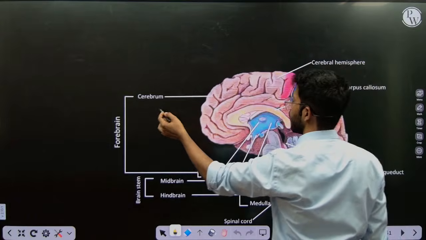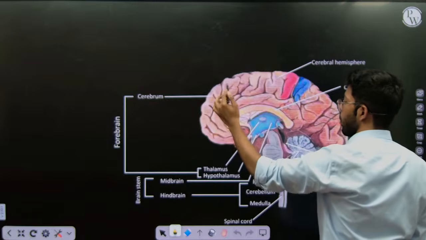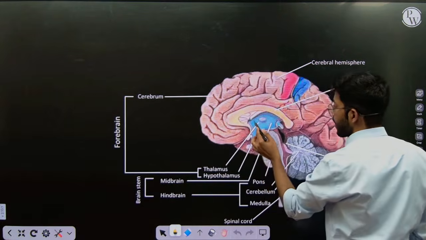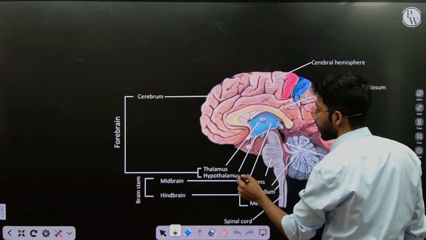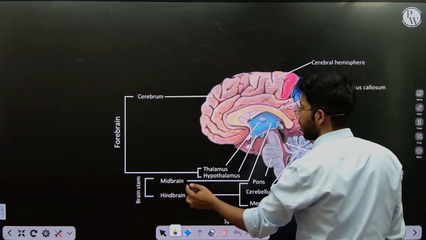Cerebrum is the major portion of this forebrain, and it also has the thalamus region, and this is the hypothalamus, the floor of the thalamus.